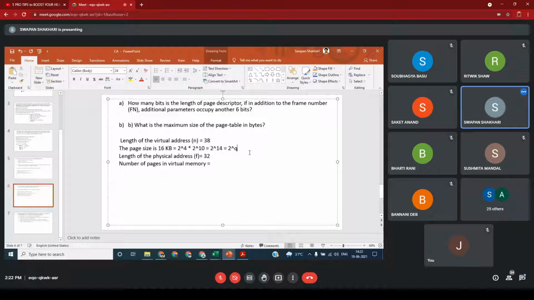So the number of pages, we will divide 2 to the power 38 by 2 to the power 14.